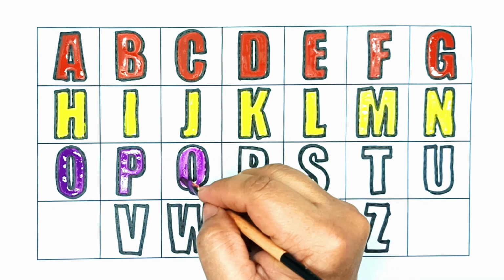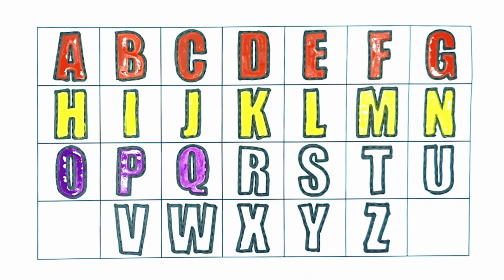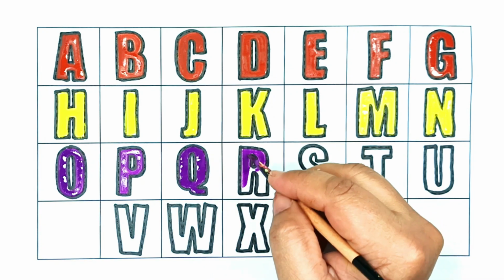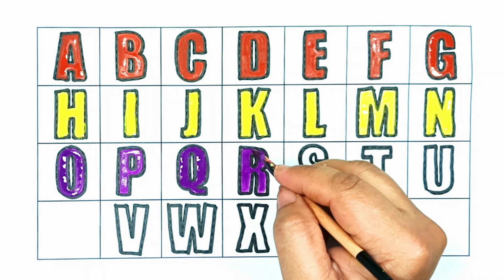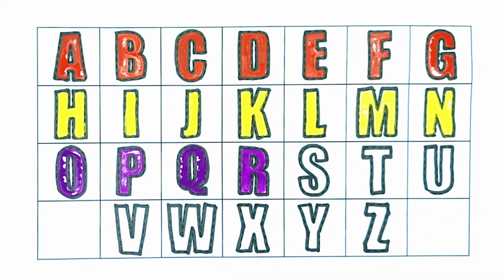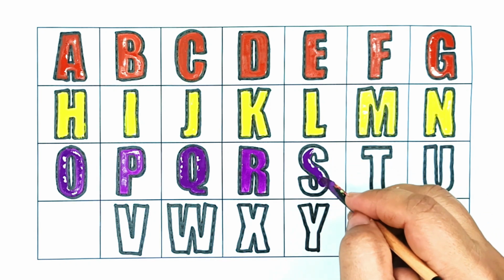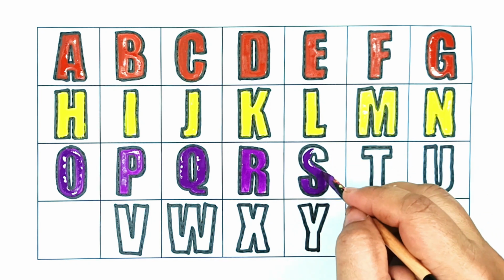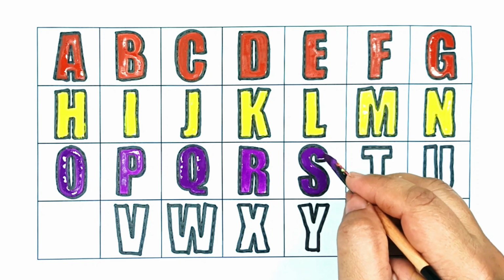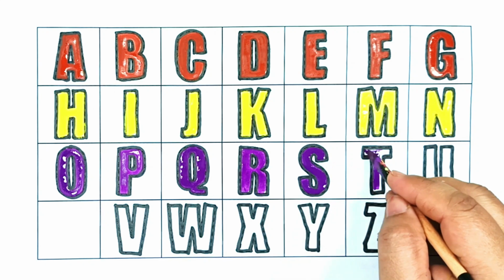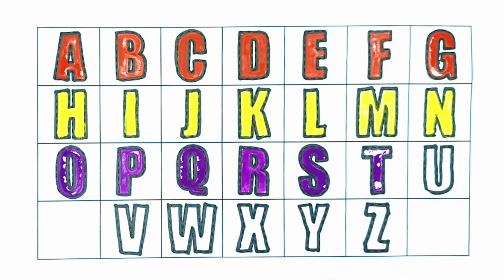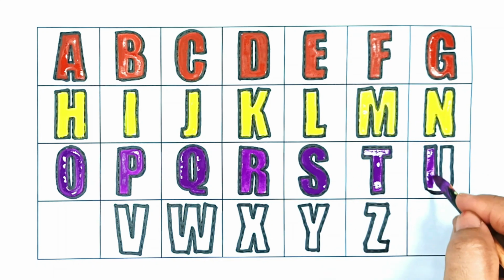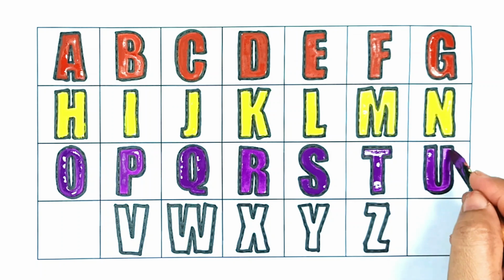Q for queen. R for ring. S for star. T for train. U for umbrella.